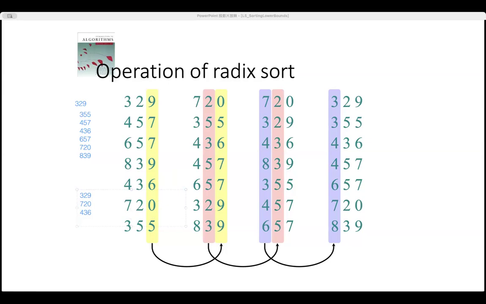And then 839. So we're done with 3. And then we have 2, 5. 355. And 457. And anything else? Oh, 657. The last one is 657. Done. So we have done with the second pass, right?